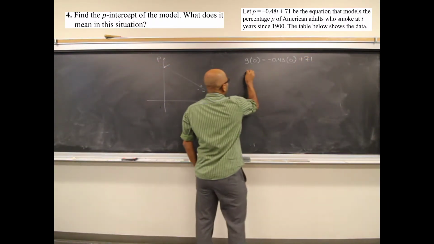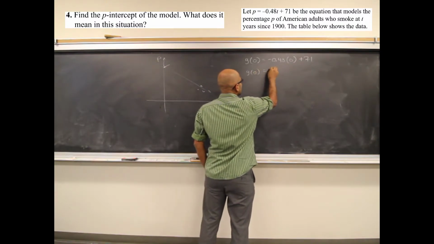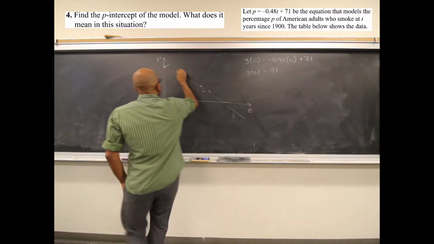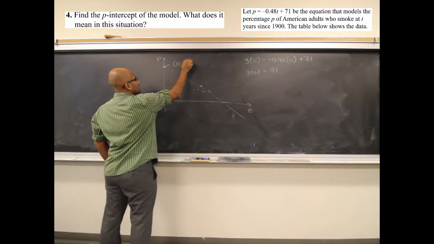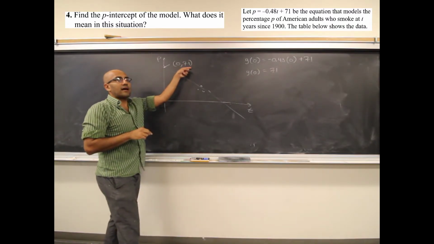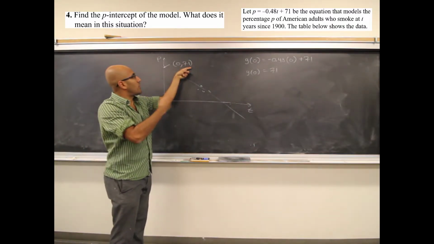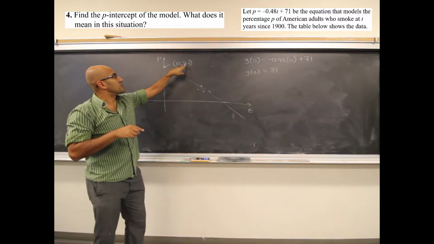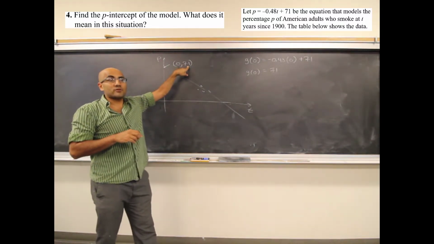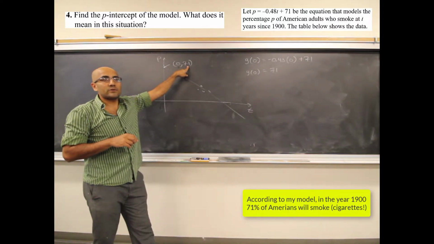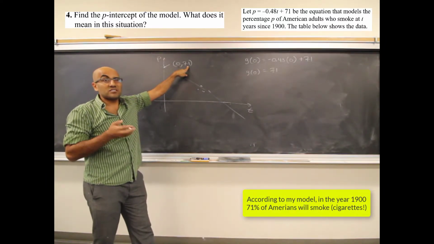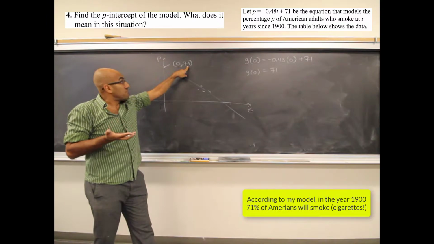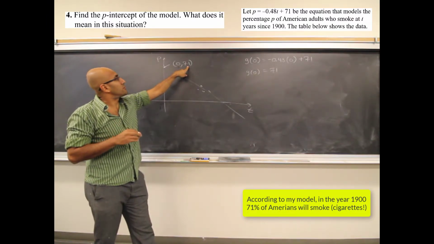Okay, so we get that g of 0 is 71, which means that this point right here is (0, 71), right? And then how do we translate that into our situation? In 1900, 71% of adult Americans smoke cigarettes. That's what this is indicating. Does that seem reasonable? Yeah. Maybe. I mean, a lot of them smoke, right? I'm not really sure, but okay.